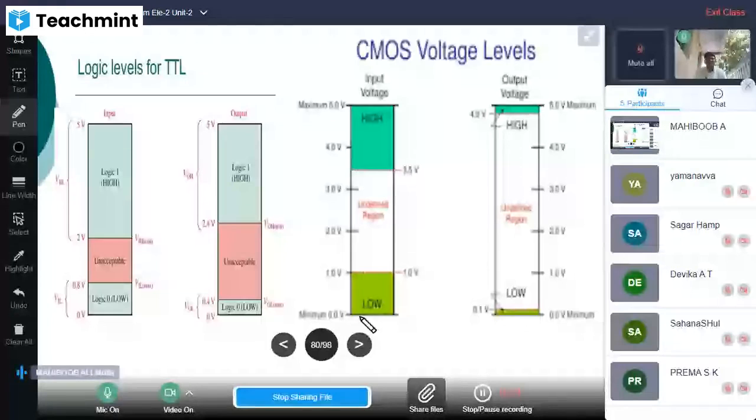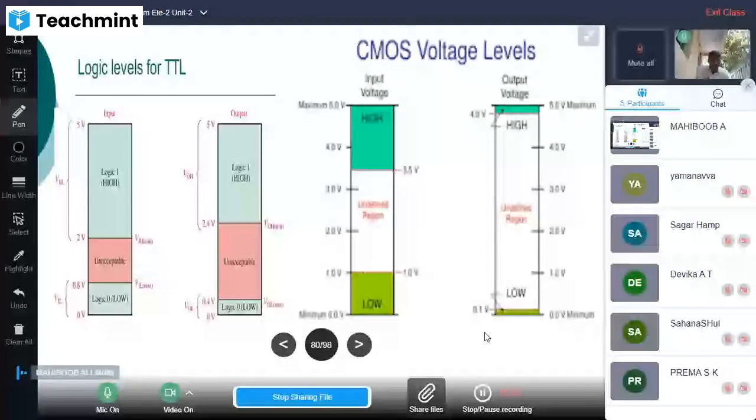Whereas for CMOS ICs working from 0 to 4.2 volts, the logic levels at 1 volt, 2 volt, 3 volt are distributed, but high is only a small range, 4.2 to 5. Above 4.2 it is high.